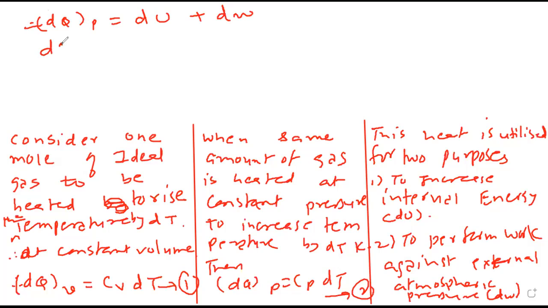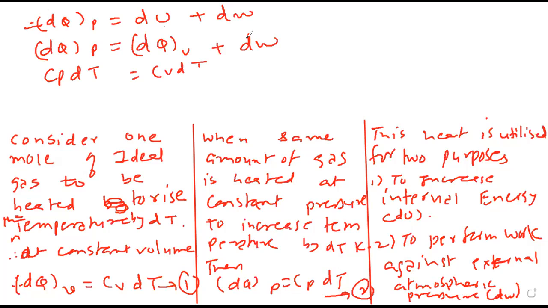Heat supplied at constant volume is the same as the increase in internal energy. So this is the same as that at constant volume plus work done. This is Cp dT. This will be Cv dT, because the heat formula is mole into specific heat into temperature. Because it is 1 mole, 1 into Cp dT, 1 into Cv dT, plus work done, which is PdV.